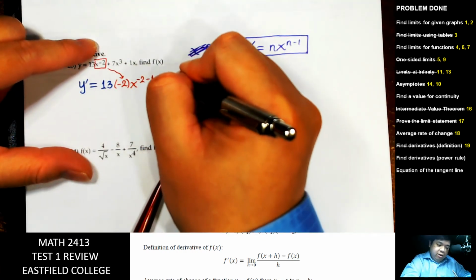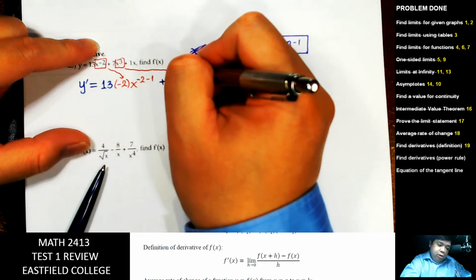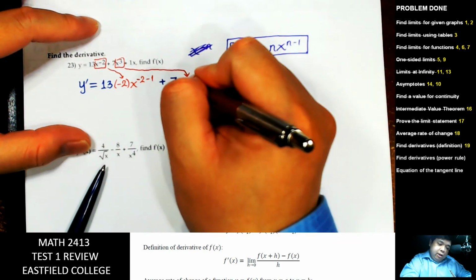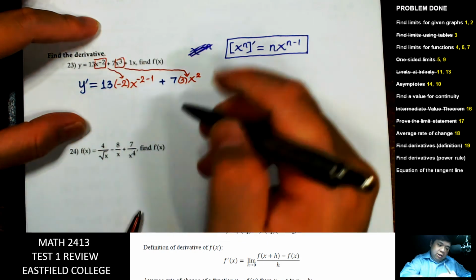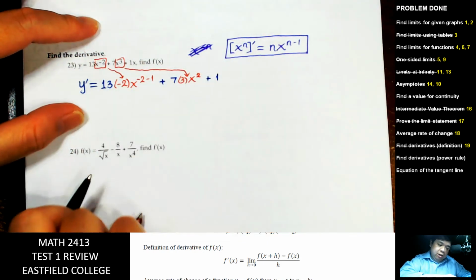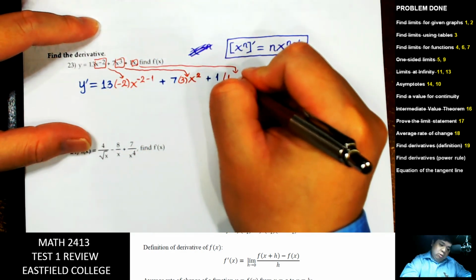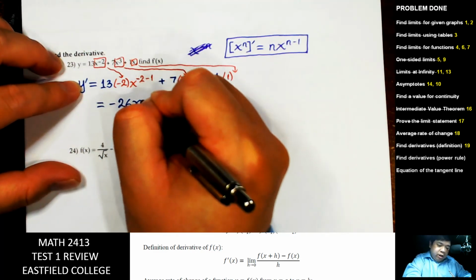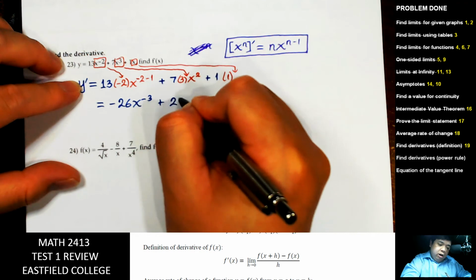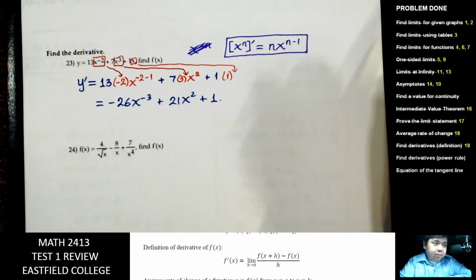And then we have plus 7 derivative of x cubed will be 3 x squared, and then we have the plus 1 derivative of x, will be just 1. So that will be negative 26 x to the negative 3, 21 x squared, and then 1. Yeah, just like that.